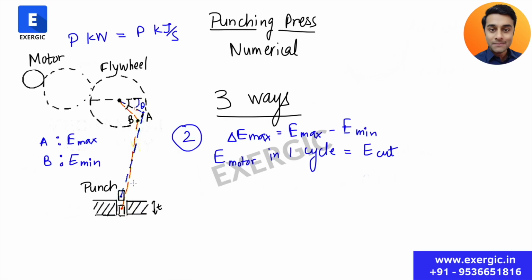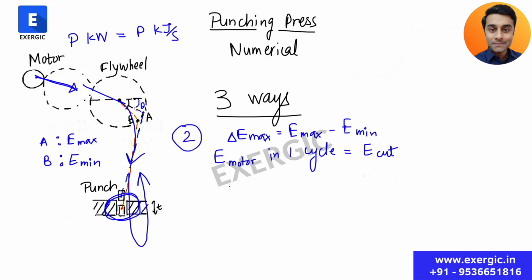In every cycle, when the punch tool moves from the bottom and then back to the top, this is the part where energy is consumed in cutting. So in one cycle, obviously whatever energy is being used in cutting will be supplied by the motor. The flywheel is just regulating it.